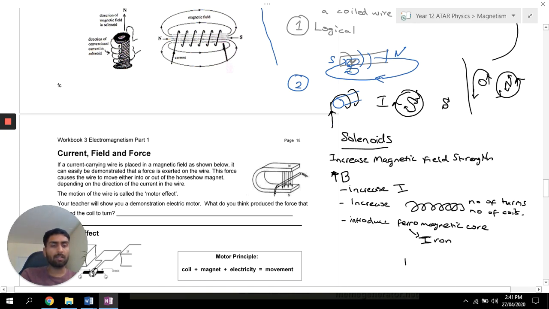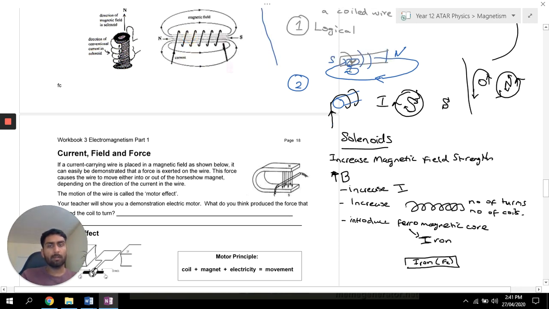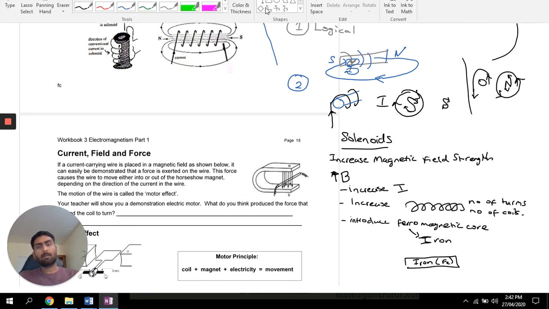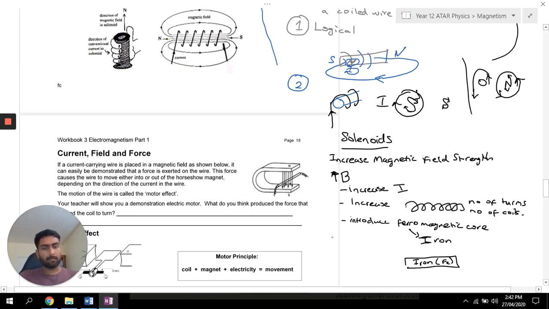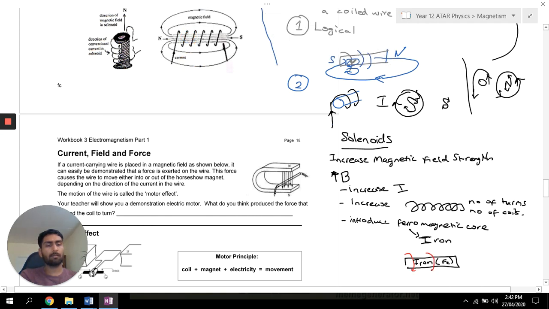So if you put an iron bar, I'm going to use my chemistry skills here, if we use an iron bar and we coil a wire around it, anyway, you get the point. If you coil a wire around it, then you will increase the magnetic field strength, and you can look at why that happens.